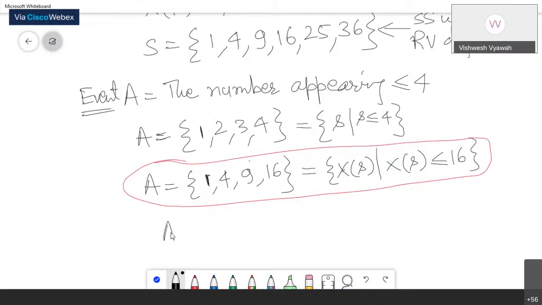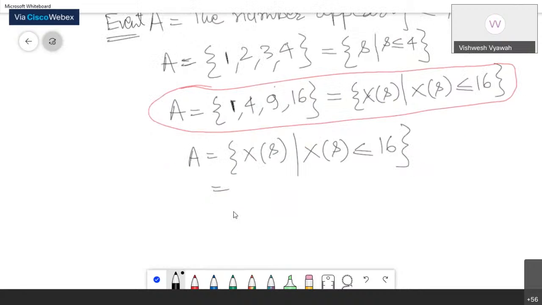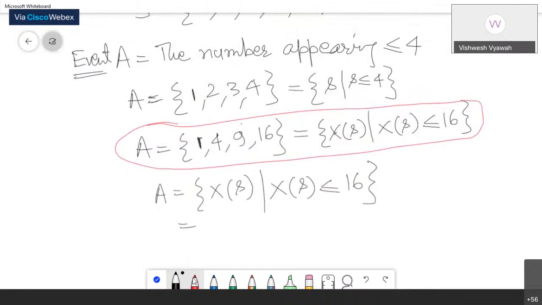Now this A is nothing but all X of s which is less than or equal to 16. I will write it in a different way. I will now drop this.